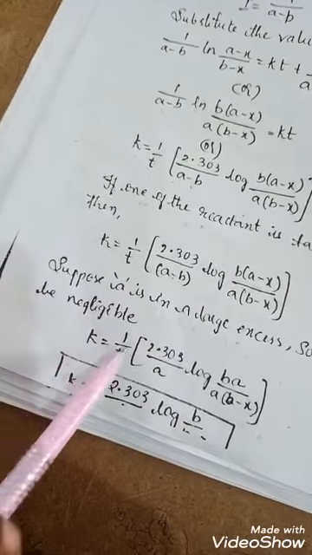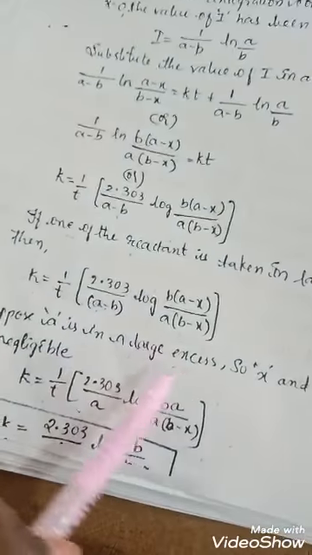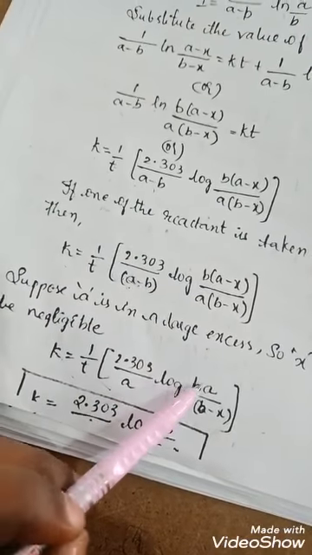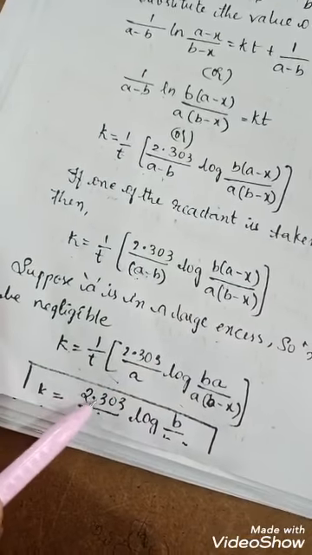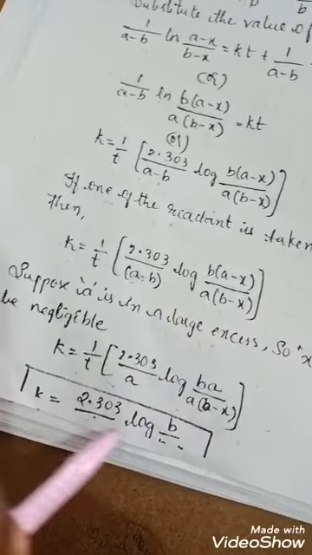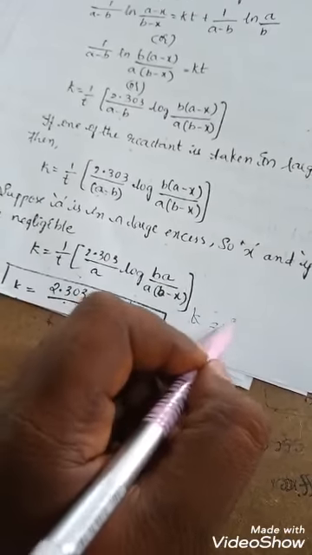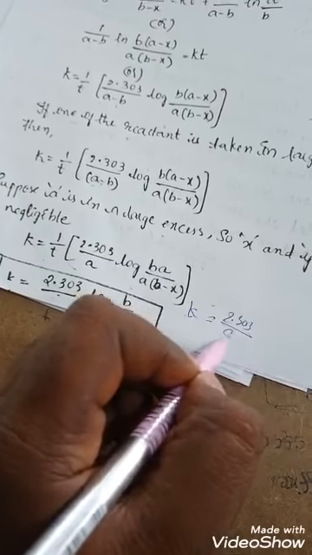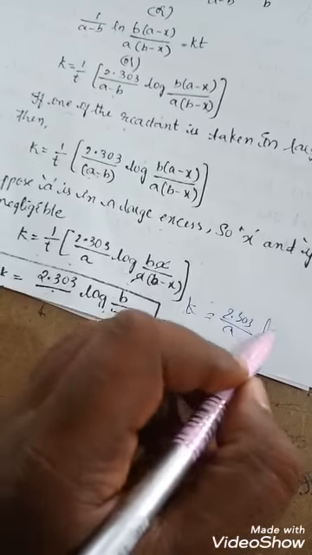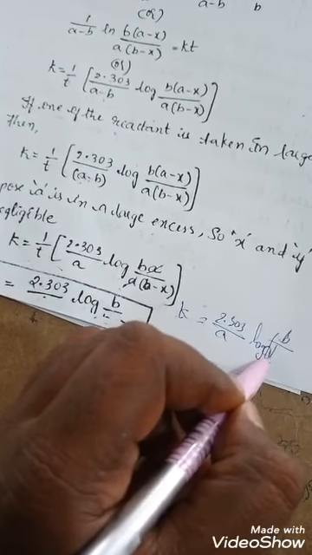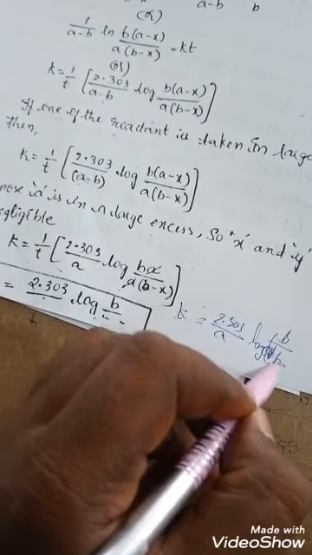Since a is in large excess, b and x are negligible, so log b by b minus x. k equal to 2.303 by a log b by b minus x. This is the equation.